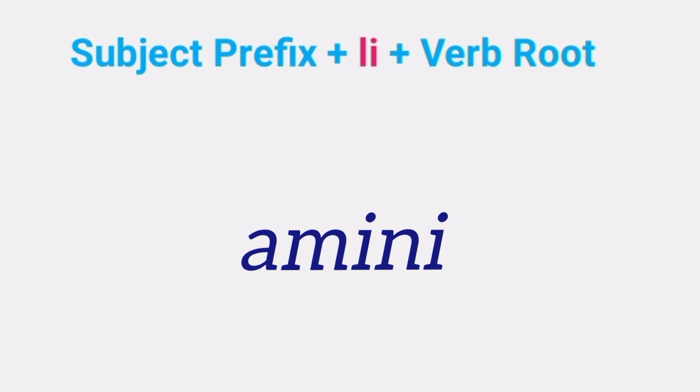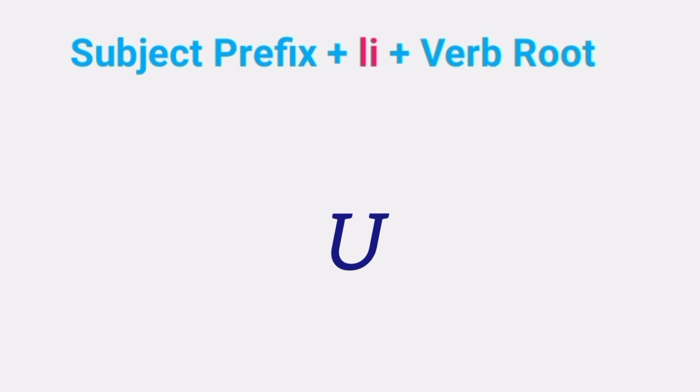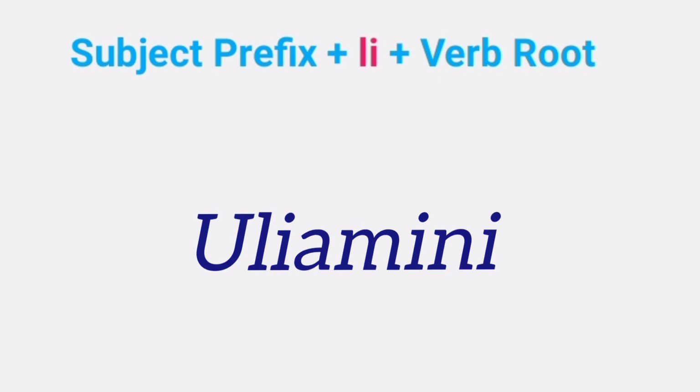Now, the marker for the second singular personal pronoun is u. So we start by writing u, and then we add the prefix li, and we have uli. Now we add the verb root amini, and we get uliamini.